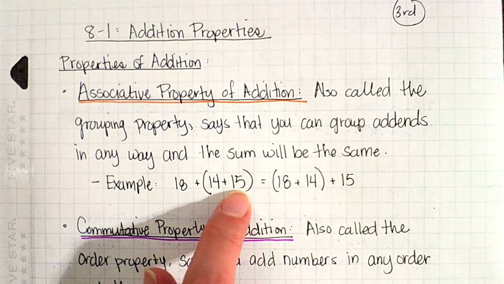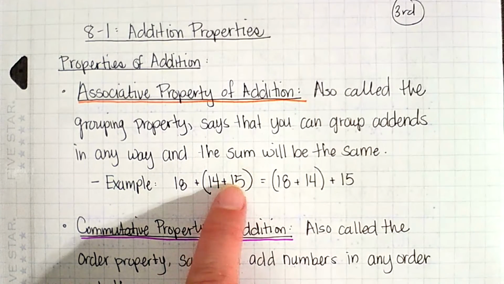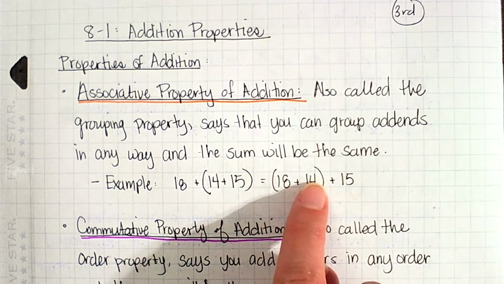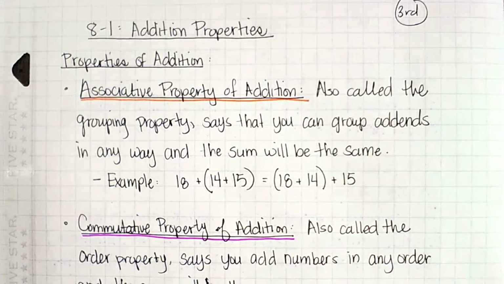So if I have 18 plus, in parentheses, 14 plus 15, you can see my parentheses are grouping together the 14 and the 15. That's the same thing as if I grouped the 18 and the 14 instead, and then added the 15. So the associative property uses parentheses to tell you which group you're going to add first before you add the remaining numbers.